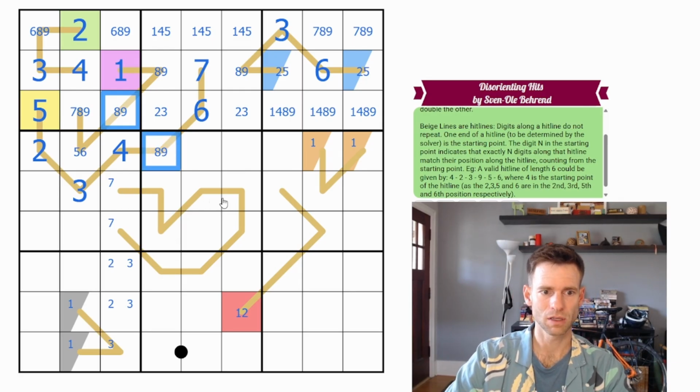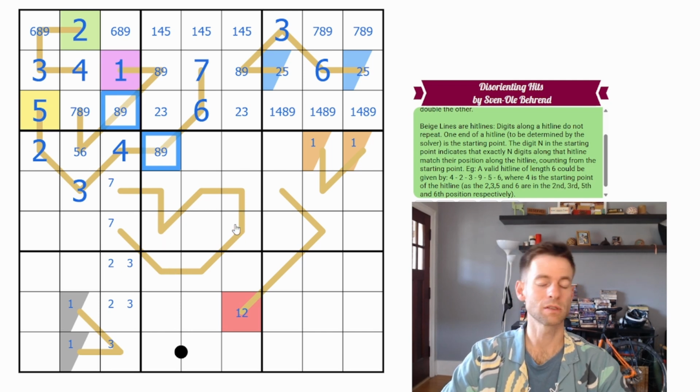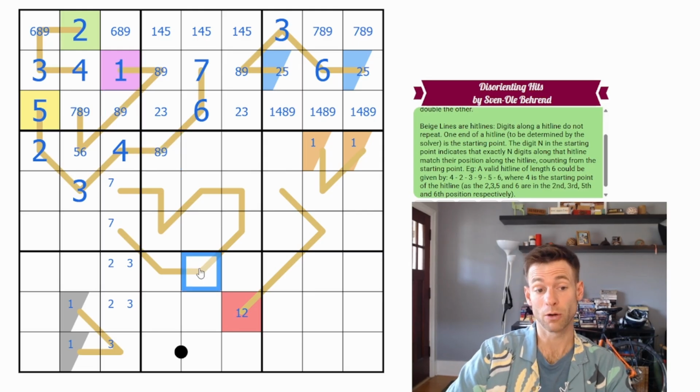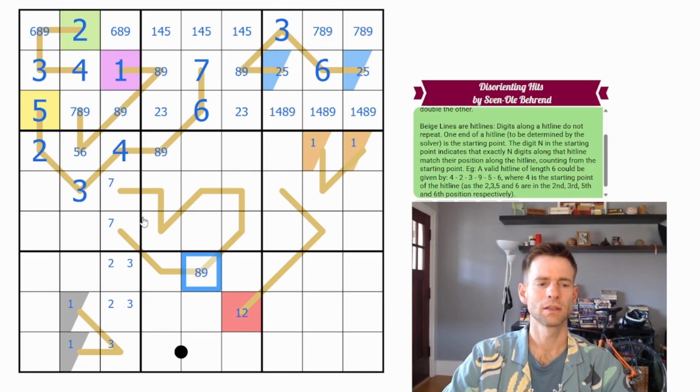So now it's really hard to put that digit into this beige region, this big 9-cell beige region, but it has to be somewhere. So it would have to go here, out of position. So the 7 would be out of position, it'd be in the first position.